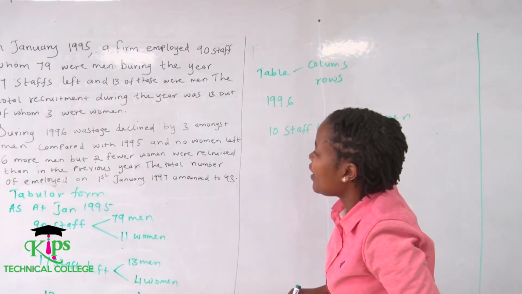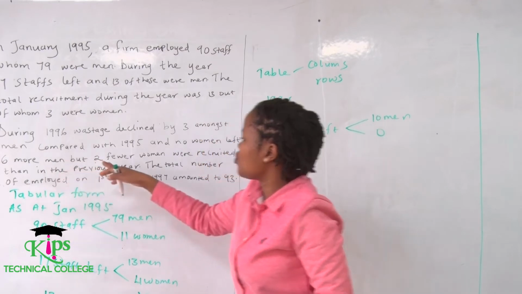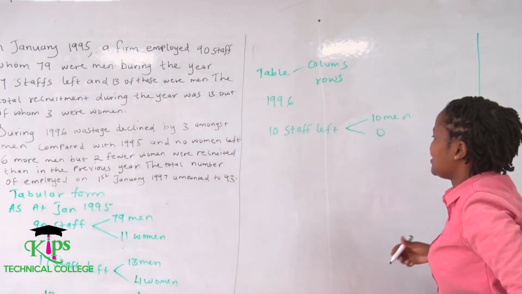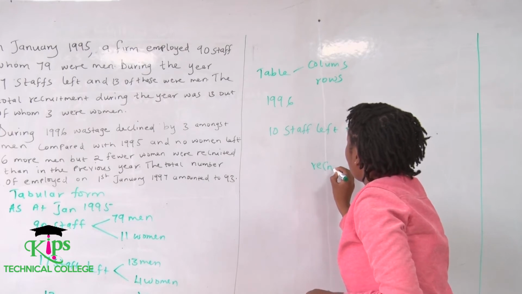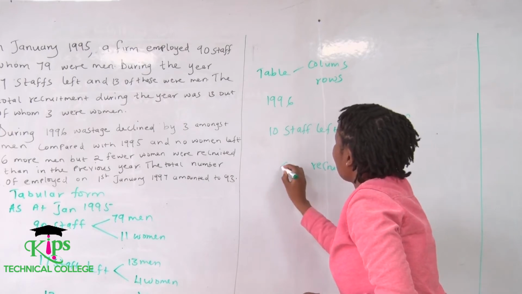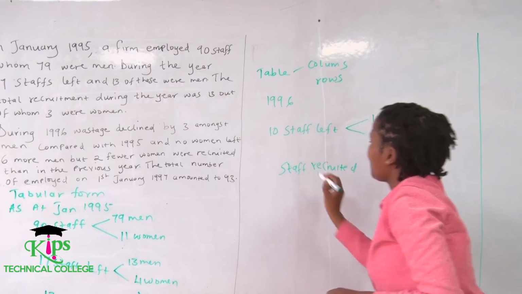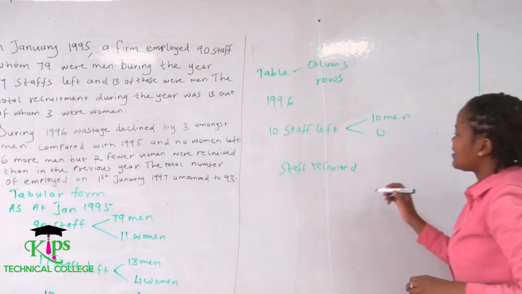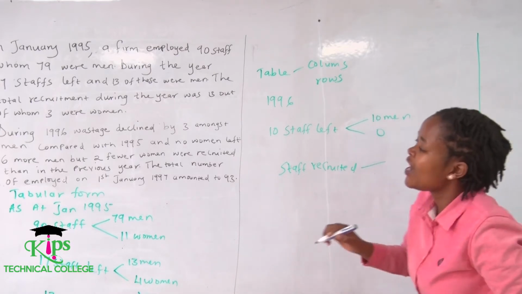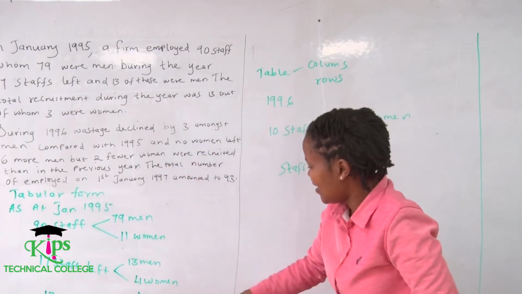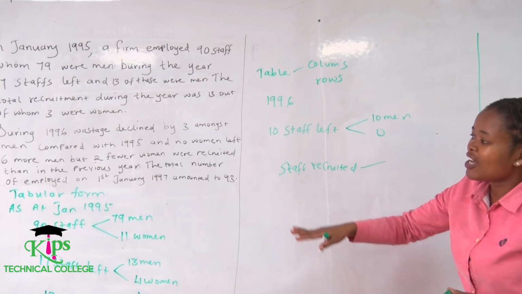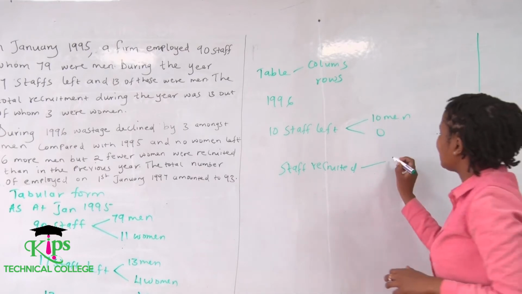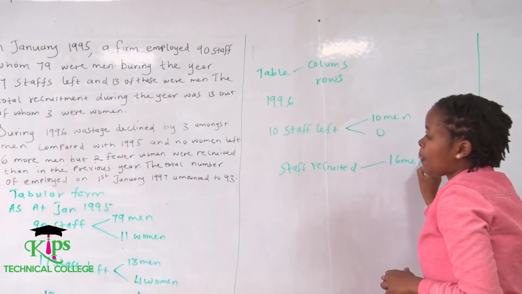Then 6 more men, but 2 fewer women were recruited. For the staff recruited in this case, we have 6 more men. Here we had 10 men, so this makes a total of 6 plus 10, which is 16 men.